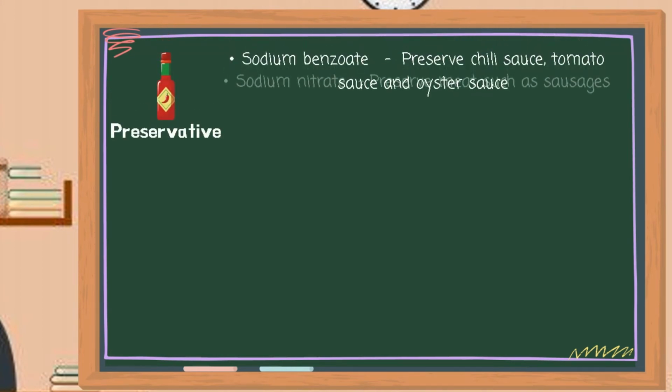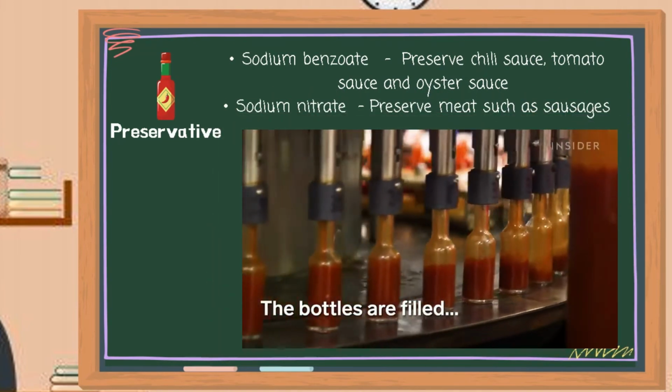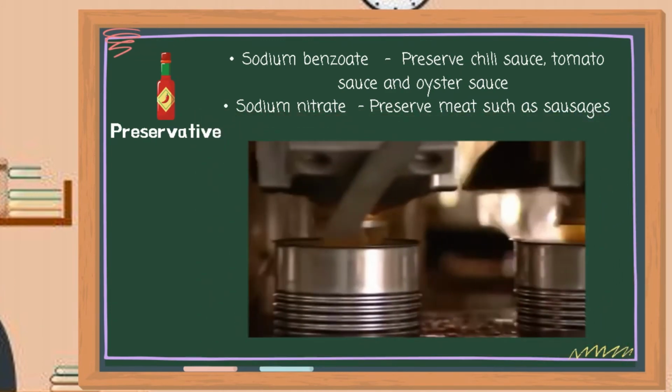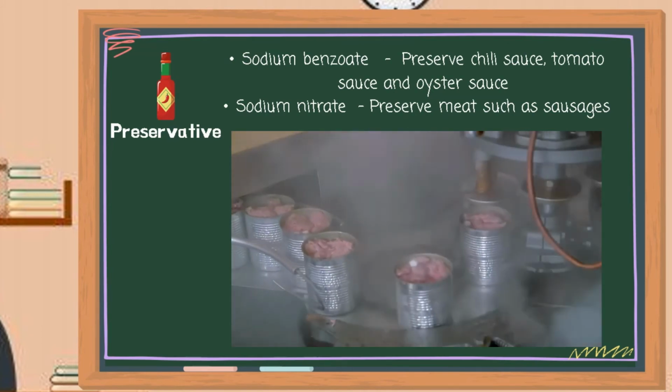In preservatives, we use sodium benzoate to preserve chili sauce, tomato sauce and oyster sauce. Sodium nitrate is used to preserve meat such as sausage.